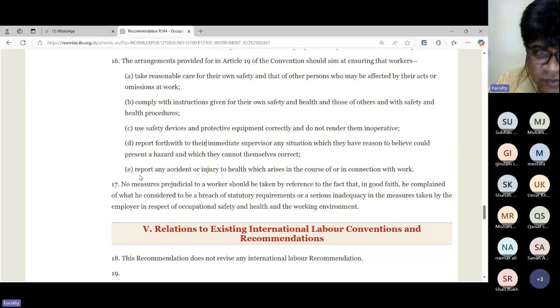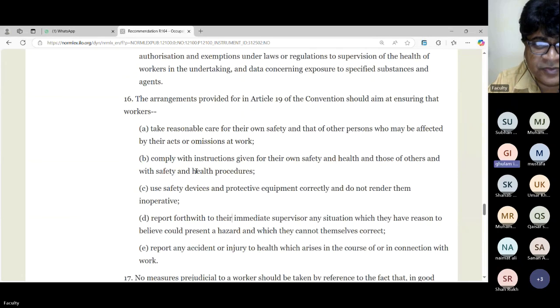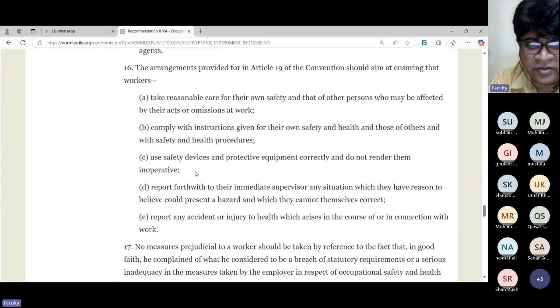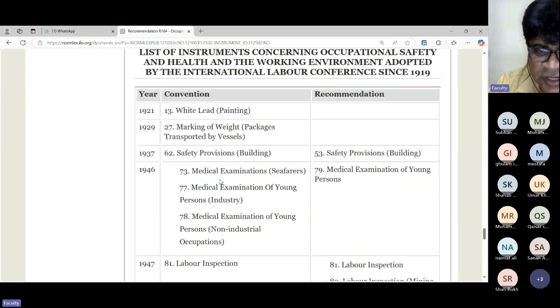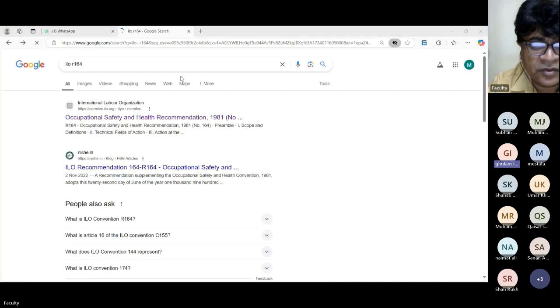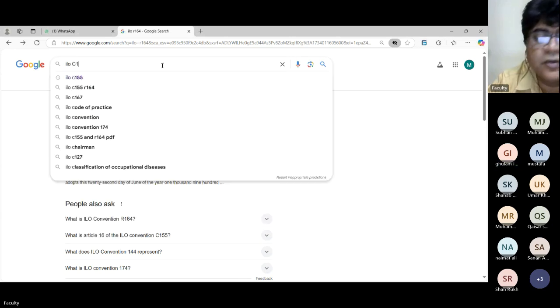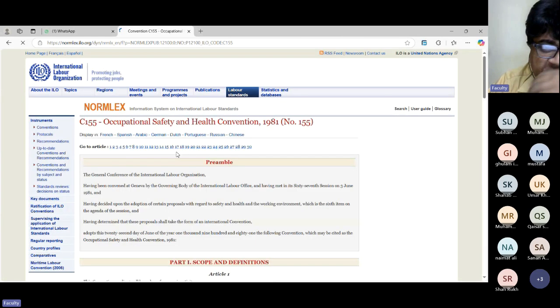Now, can anybody take one sentence from this A, B, C, D, E? Okay, already we studied C, no problem. Okay, this is how it will be there. So you need to download that. In the same way, we see C155, you can do the same thing.